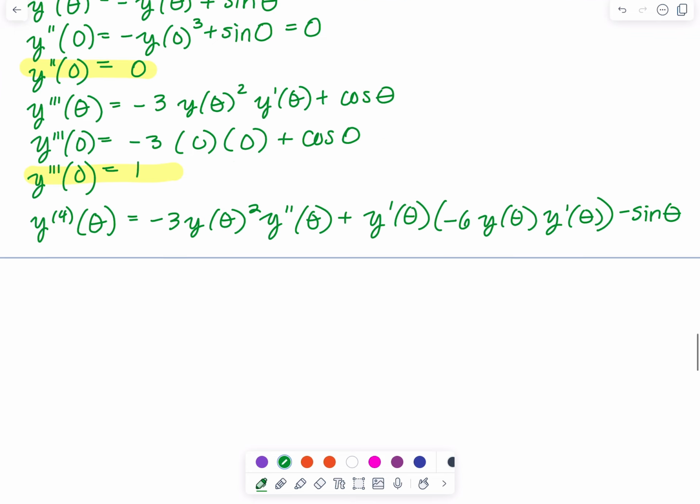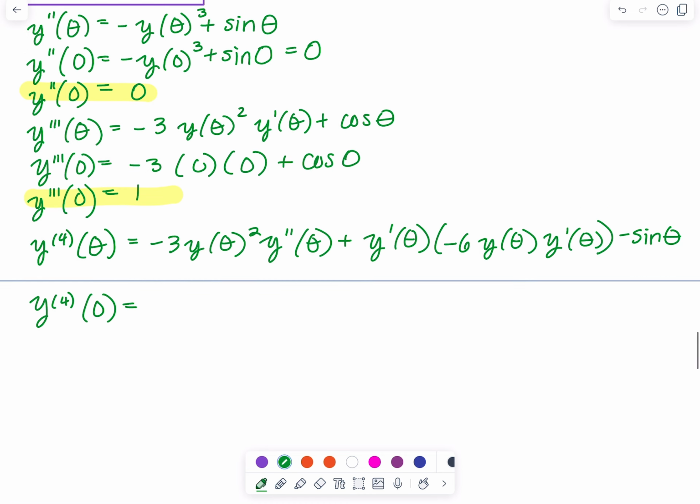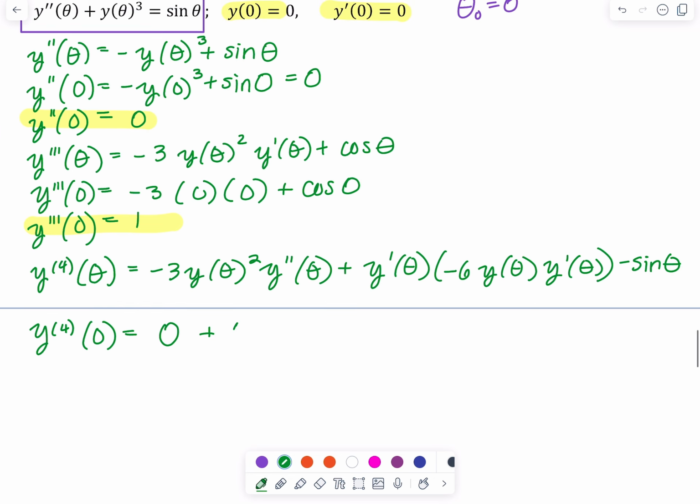Okay, and so now we can go ahead and evaluate that fourth derivative at 0. And as you can see, we're going to have 0 plus 0 minus 0. So that fourth derivative is going to be equal to 0.